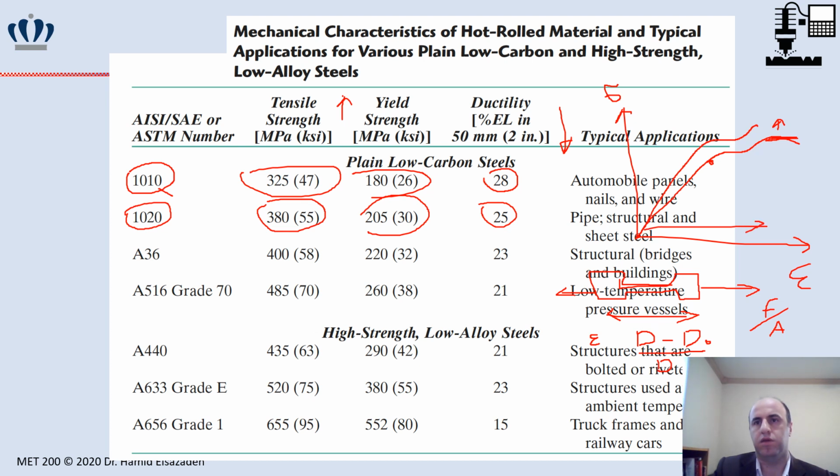This is corresponding to, for example, 1020.